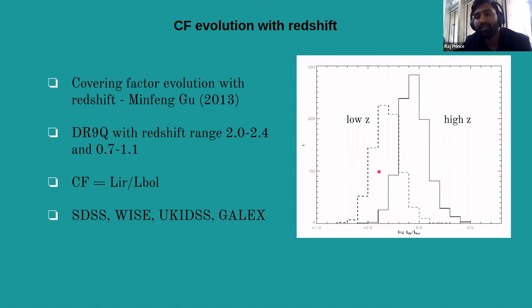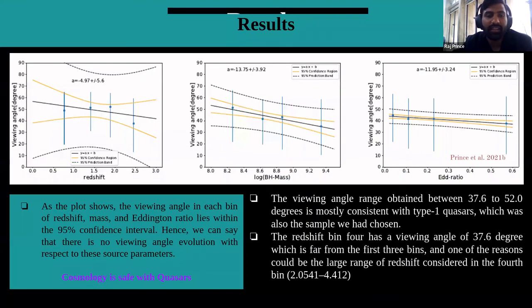But from the data we have, sources up to redshift 4, we are not seeing any kind of evolution in the viewing angle. If your viewing angle is changing, that means the covering factor is also changing, but at least in this part we do not see much evolution.